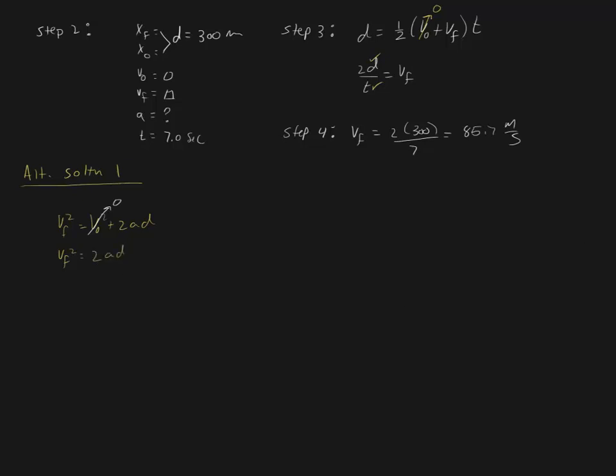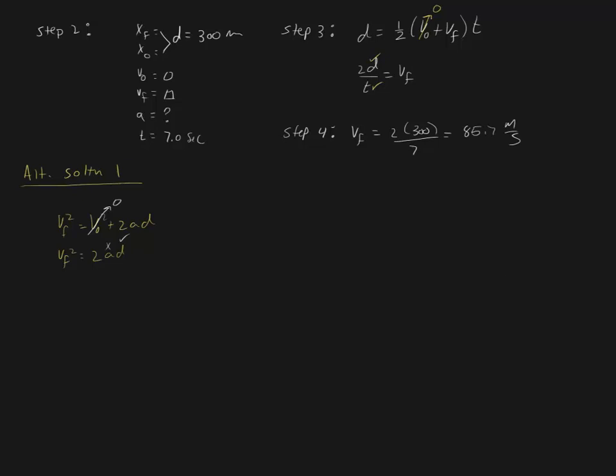Going through our checklist, we have this solved for v final. I'm leaving it squared for now just for simplicity, but it's already solved for v final. We do not have a, so we've got to find that. And d is a quantity which has been given. So let's go ahead and find the acceleration.